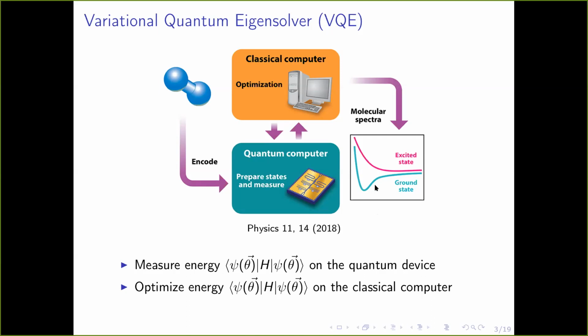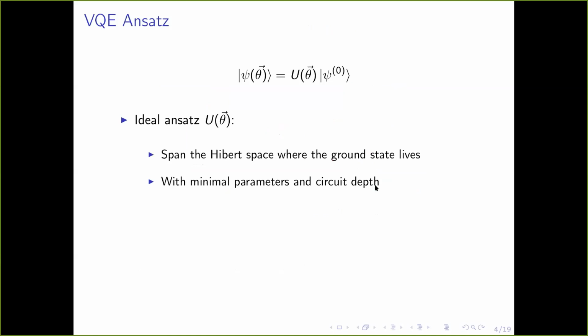It turns out that the performance of the VQE is critically dependent on the choice of the ansatz. The so-called ideal ansatz is one that can span the Hilbert space where the ground state lives, with a minimal number of parameters and also a minimal circuit depth.